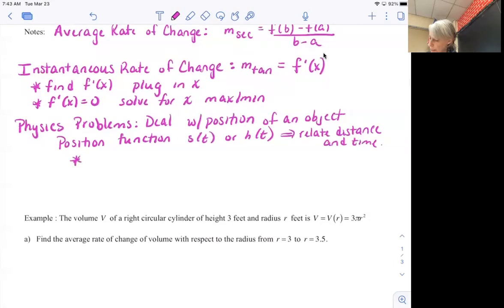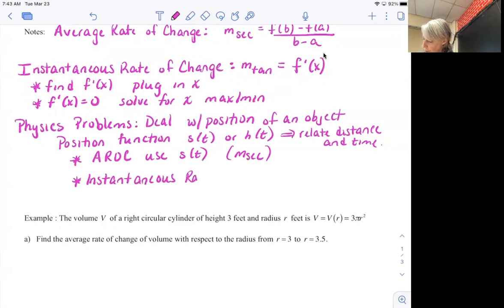When we want to find the average rate of change, we're going to use s of t and set up the slope of the secant. When we want to find instantaneous rate of change, we're going to use the derivative, s prime of t.